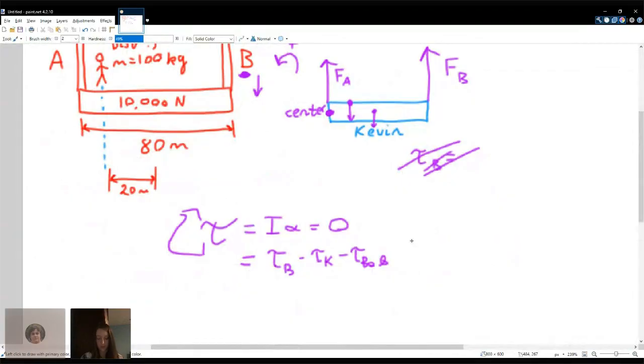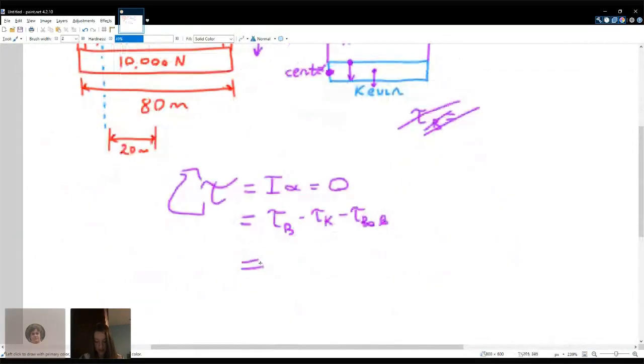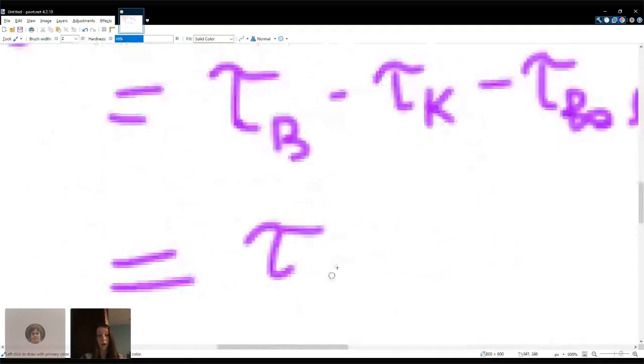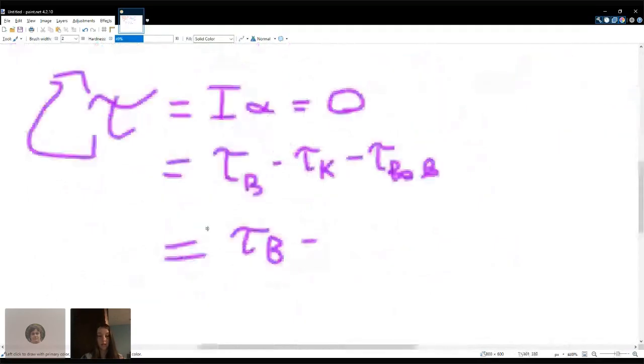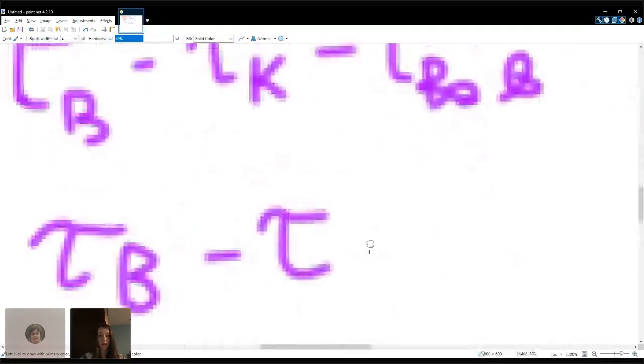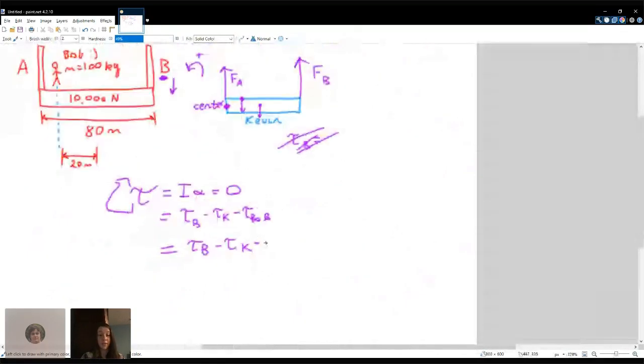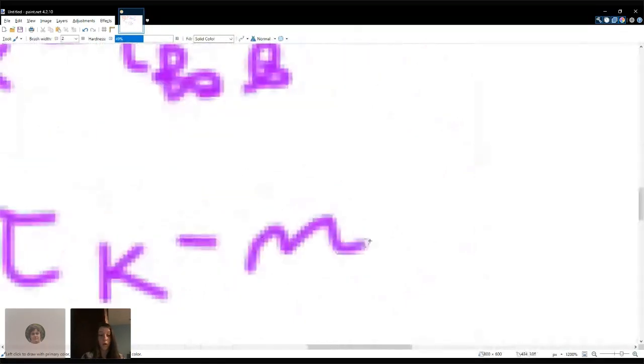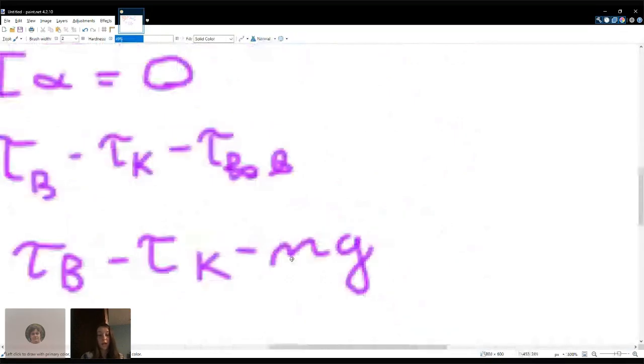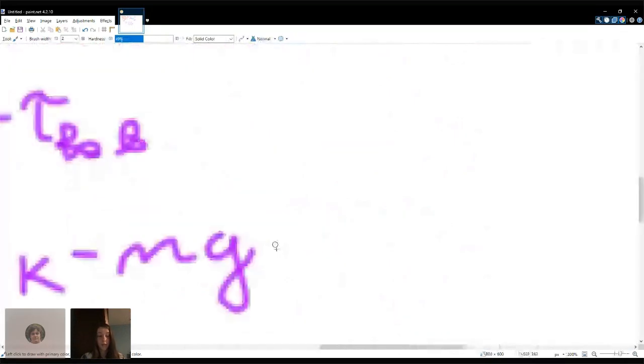Okay, so once we have that, the torque of Bob is 20,000 Newton meters clockwise, or in the negative direction. We should probably explain that. What I did was first you find Bob's force. Bob weighs 100 kilograms multiplied by 10 meters per second squared, the acceleration due to gravity, which is your force of gravity.